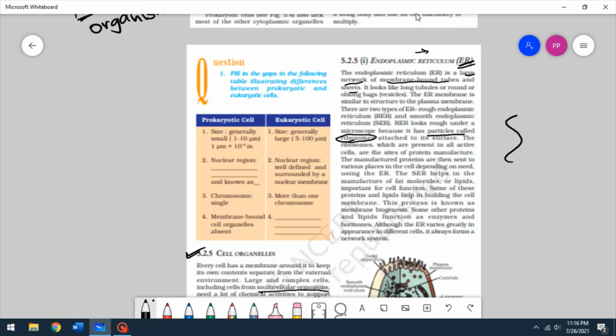So if this is the ER, let's say, there are ribosomes attached to a part of the ER that make it look rough. It gives it this texture.